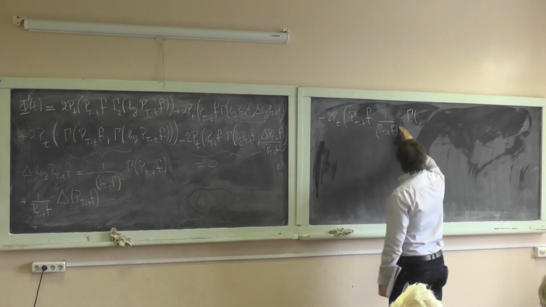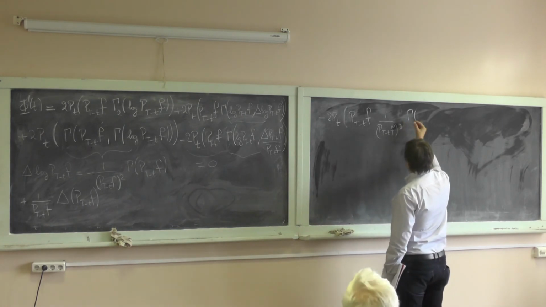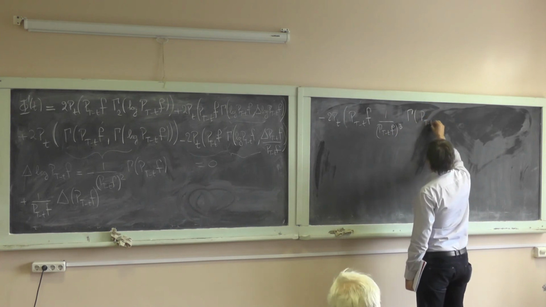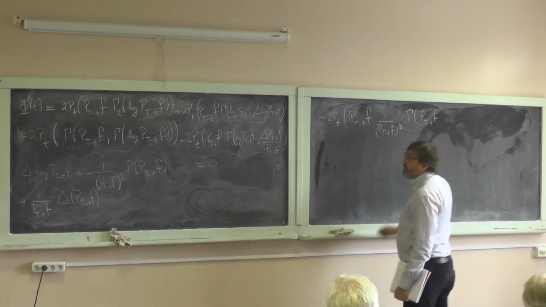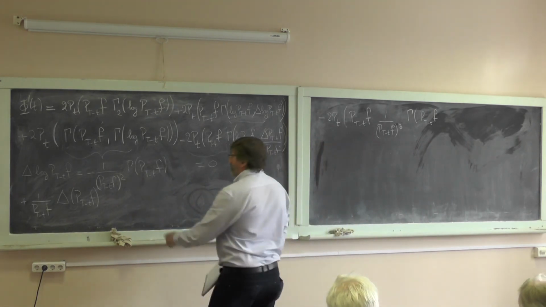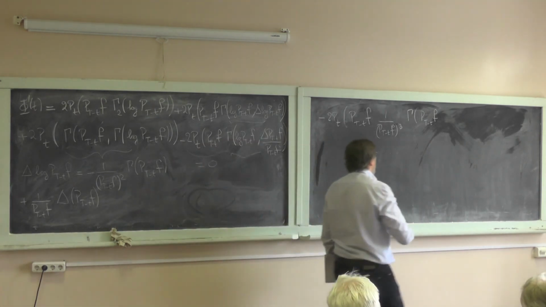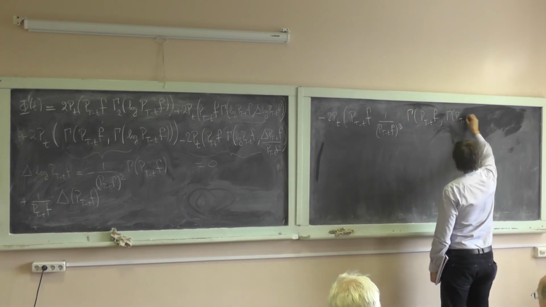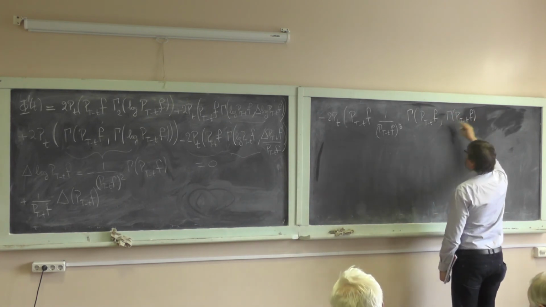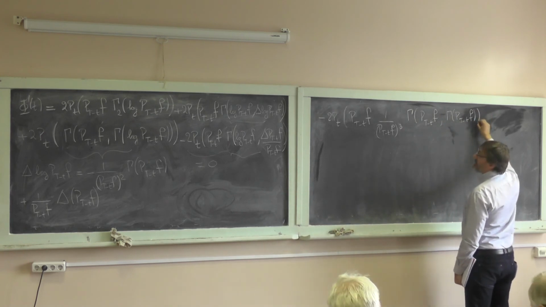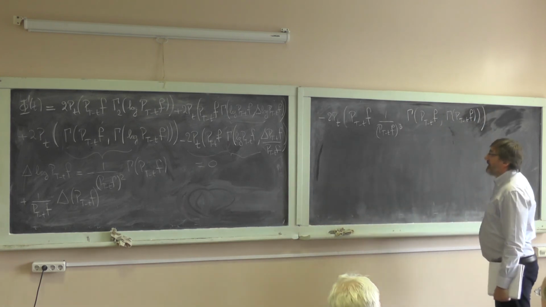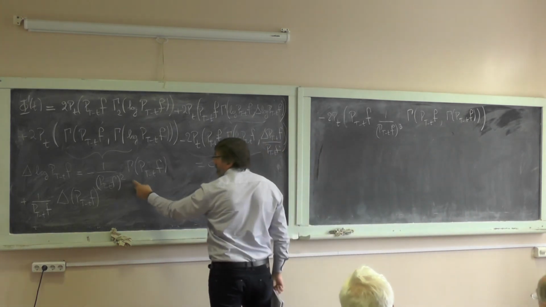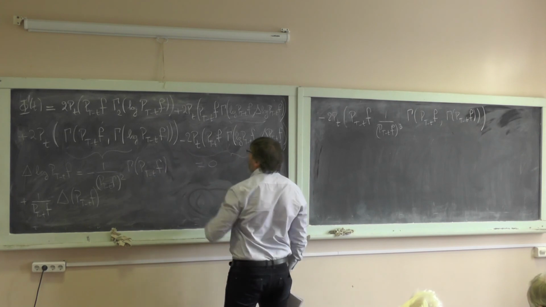So I put here a cube, and then I have gamma of p minus pf, comma, gamma of p minus pf. These are the two functions, so we close this and then we close this. So the first term produces that object there.